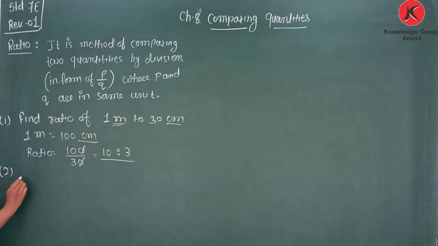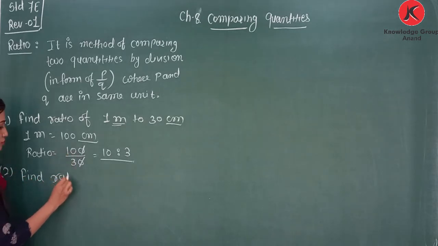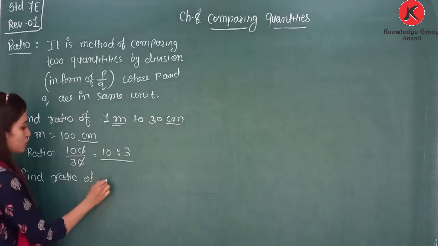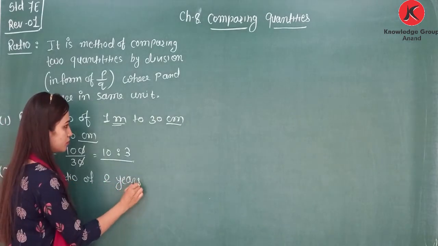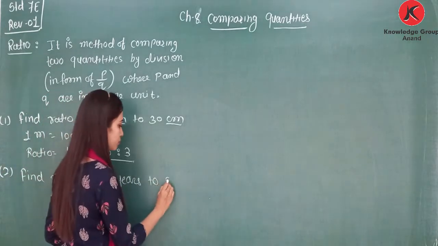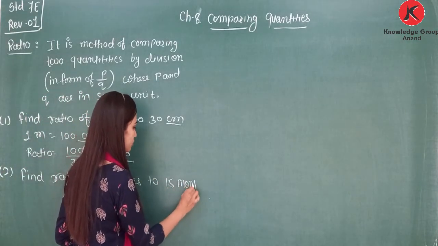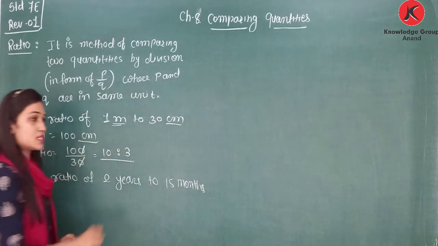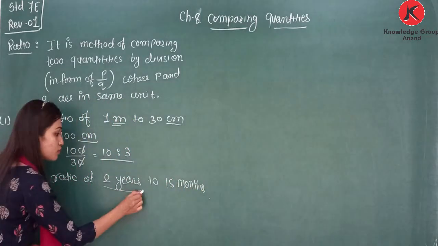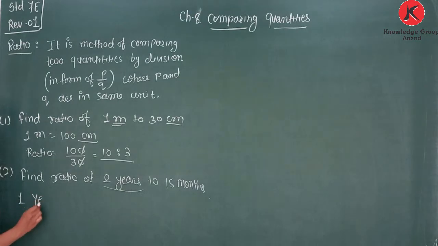One more example. Find the ratio of 2 years to 15 months. Now in this kind of question, convert years into months. So 1 year is equal to 12 months.